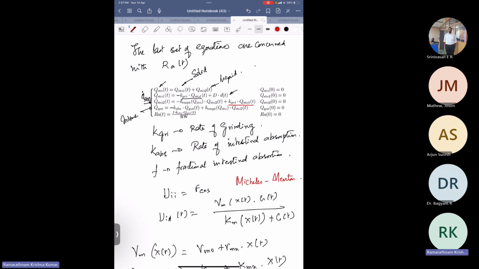So that part which is getting emptied, in other words, gastric emptying that's happening, getting into the gut, for example. That is given by the first. So there's a minus and there's a plus.